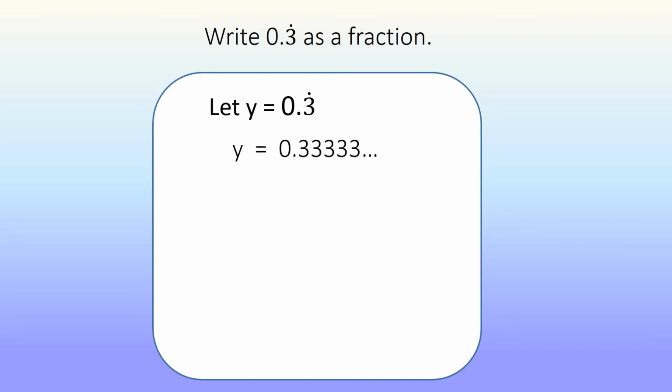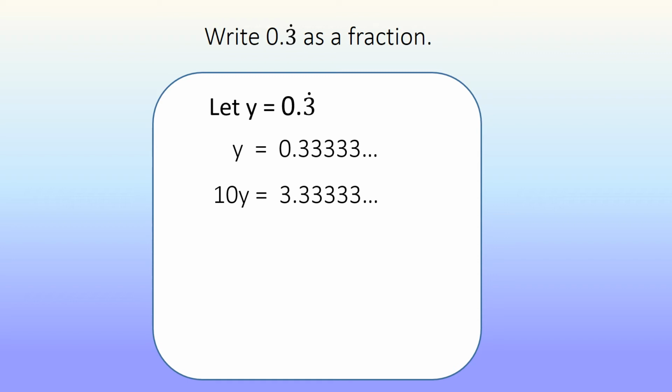And then I've written it out in full to make it a bit clearer what we're doing. So what we're going to do is multiply the y by 10. And the reason is what we're looking for is the same repeating chunk after the decimal point in two different numbers, so that when we subtract them, we get rid of all the recurring bits after the decimal point.